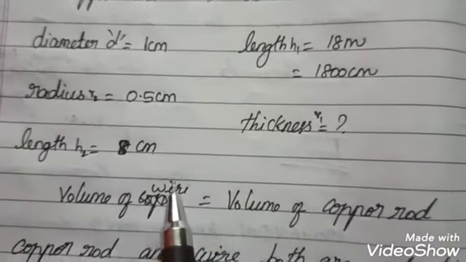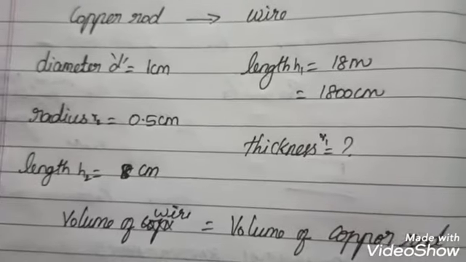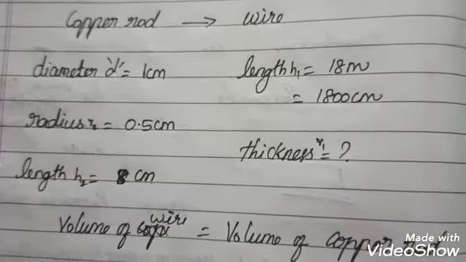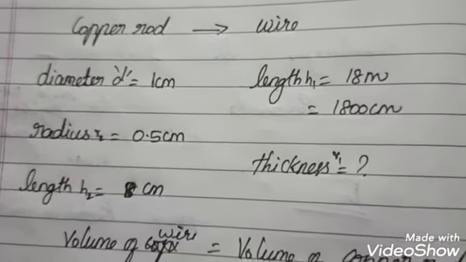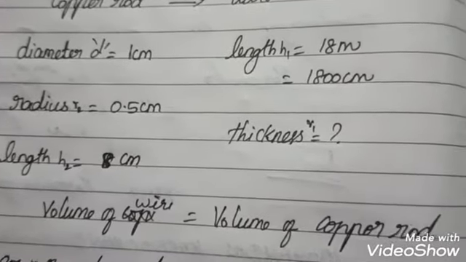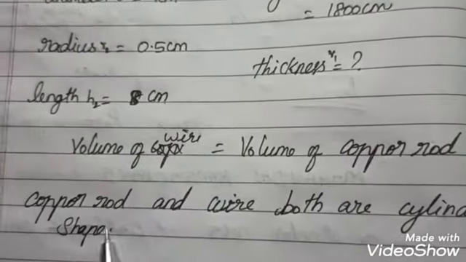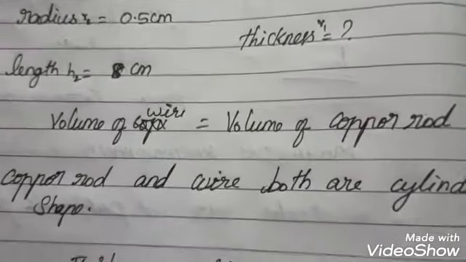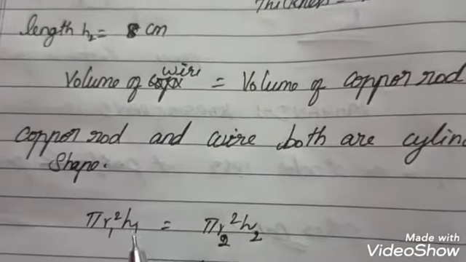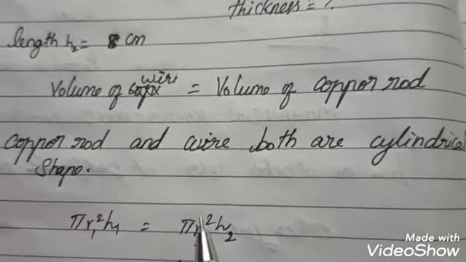So volume of wire is equal to volume of copper rod. Always, whichever value we need to find, you keep it on the left, it is very easy to solve. Copper rod and wire are both cylindrical in shape. So volume of the wire is pi R1 square H1, and volume of the copper rod is pi R2 square H2.